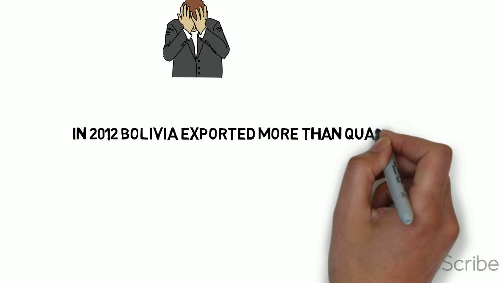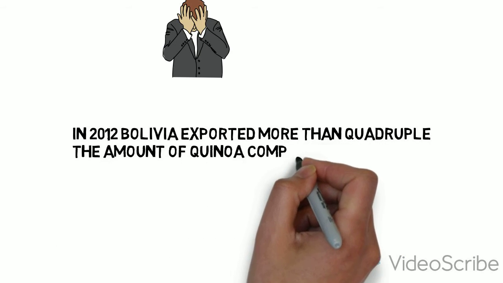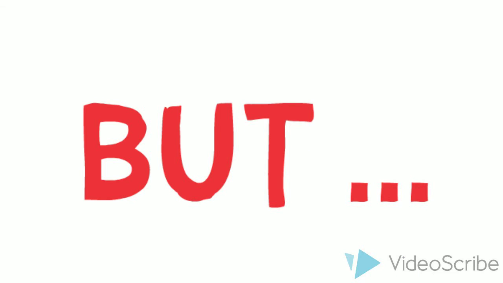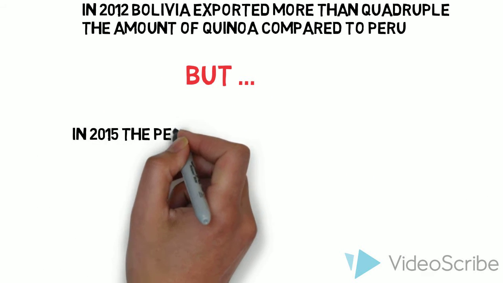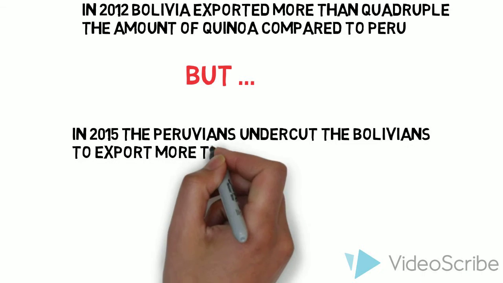In 2012, Bolivia exported more than quadruple the amount of quinoa as Peru. But in 2015, Peruvians undercut the Bolivians to export more than twice as much.